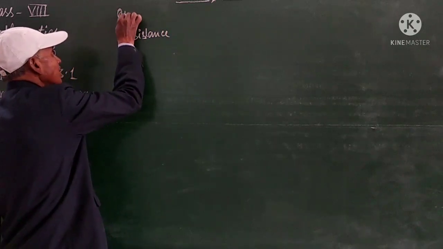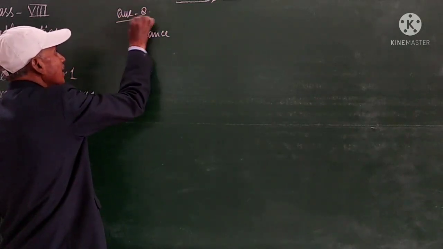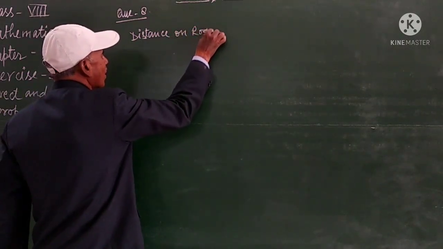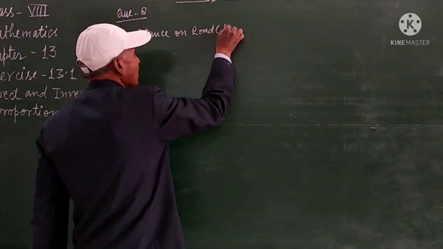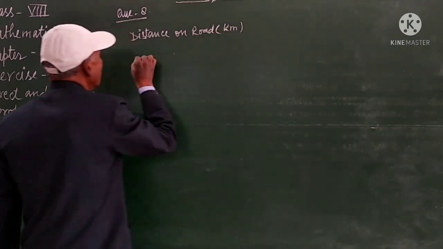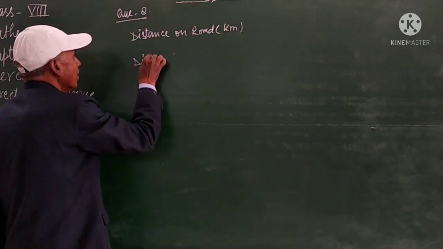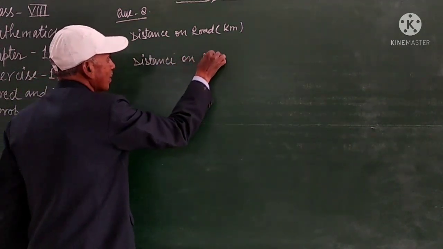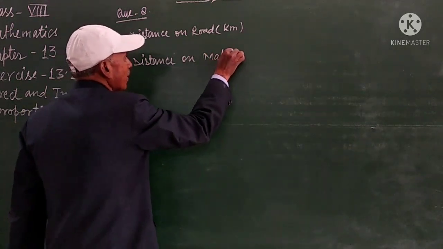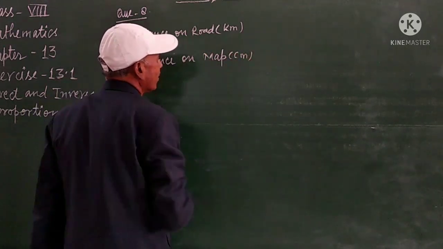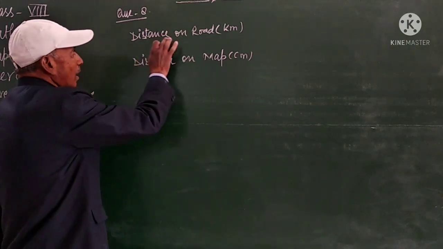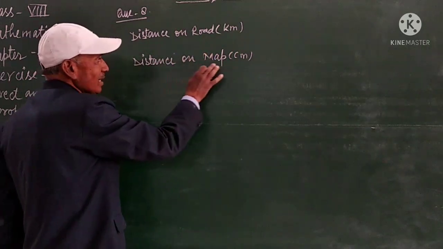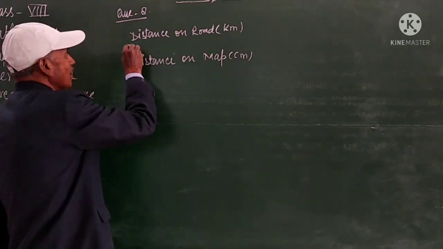Question number 8, student, distance on road, it is given in kilometer, student, and distance on map, that is in centimeter. On road, distance covered on road, that is given in kilometer, student, and distance on the map, that is given in centimeter.